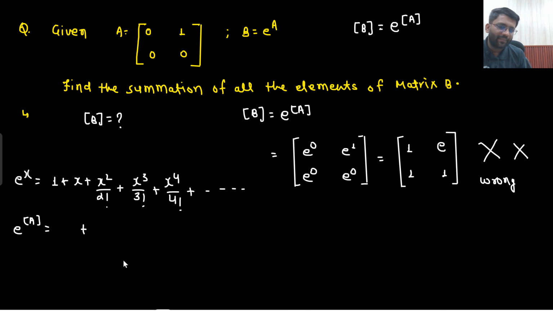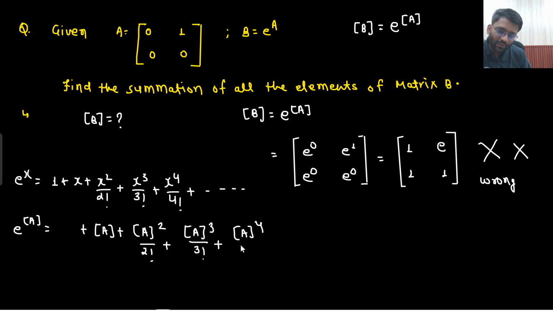I don't know what will come at the place of 1, but this will be matrix A plus matrix A square divided by 2 factorial, matrix A cube divided by 3 factorial, and matrix A to the power 4 divided by 4 factorial, and so on, right?